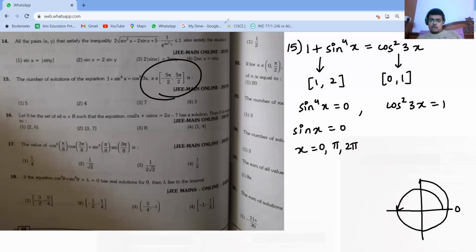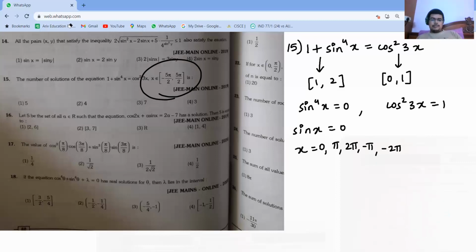Okay, now we also have to check for negative values over here, right? Minus 5 pi by 2. So when we start from 0, we'll move in the negative direction. This will be minus pi and minus 2 pi. Yeah, that's it. ठीक है, चलो तो ये हो गया फर्स्ट वाला.